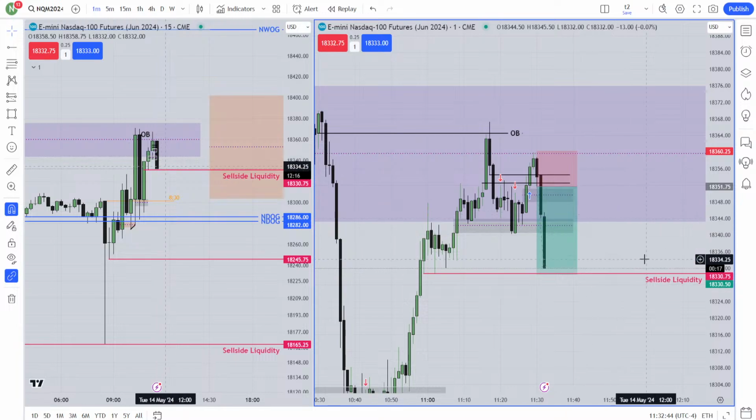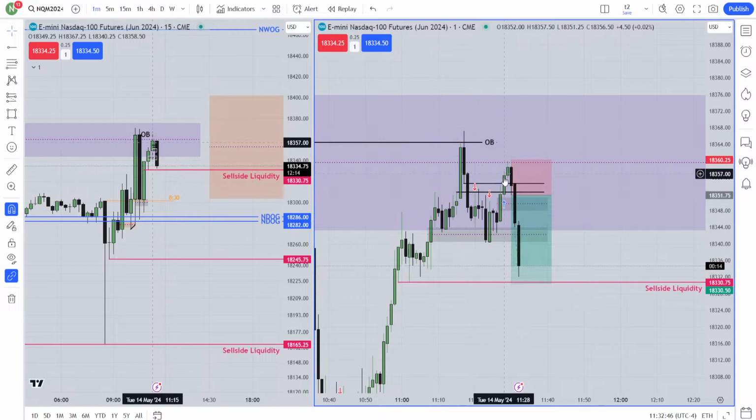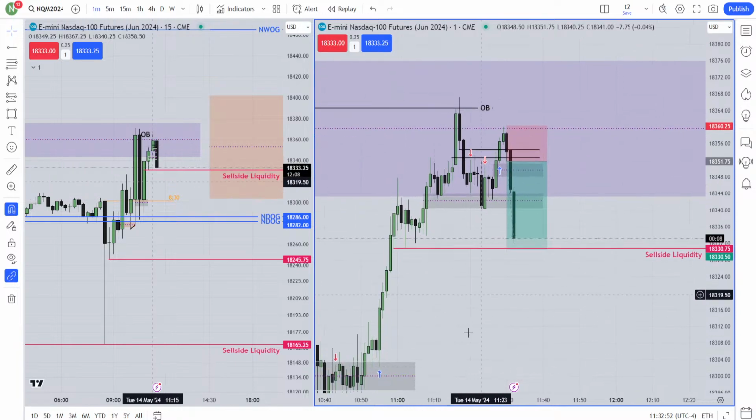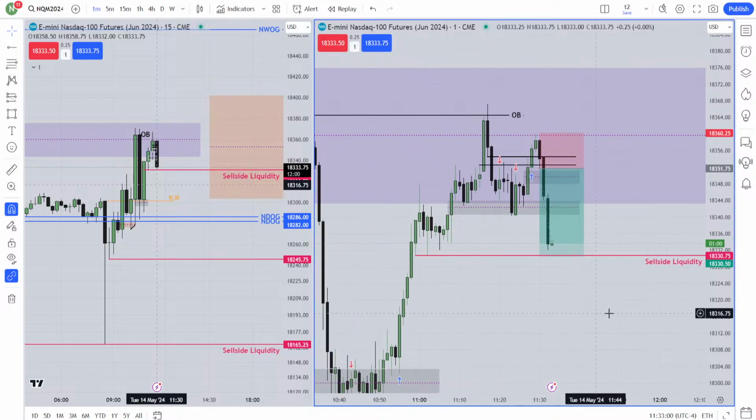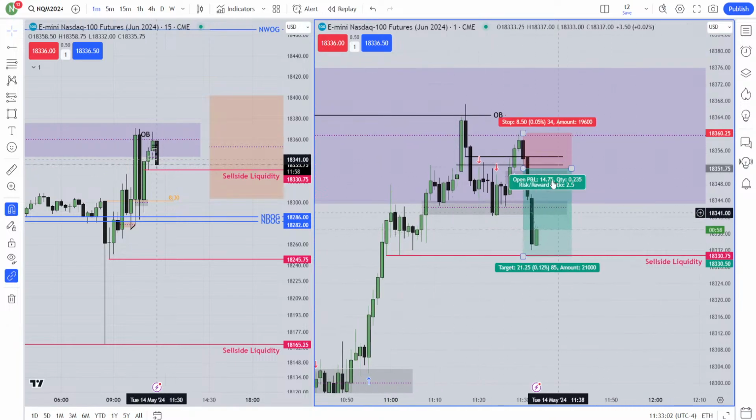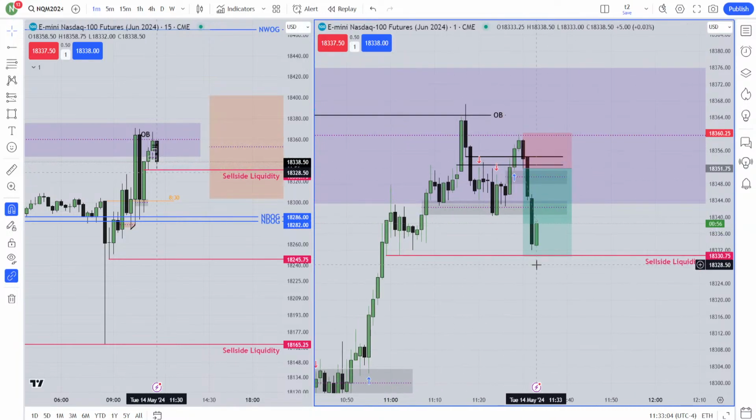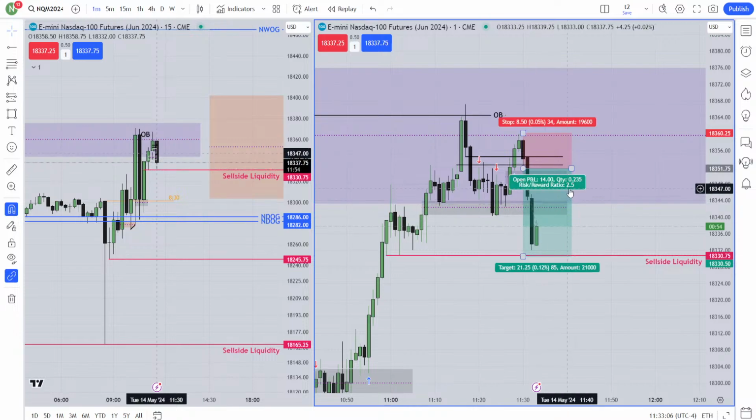It worked, brother. As I told you, my trailing stop loss punished me sometimes. Like yesterday, if you remember the first parallel gap entry, I put my target, I took my entry, and then I trailed my stop loss. So my trailing stop loss punished me sometimes. But here the price action was telling me that the market is going for that sell side liquidity. It was so obvious for me.